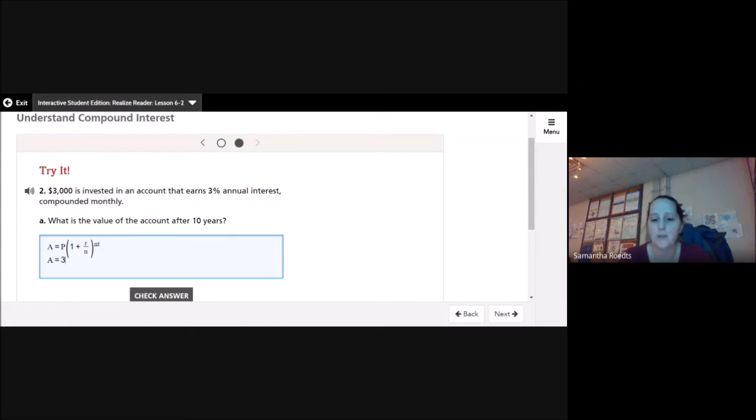So A equals my principal, 3,000, times 1 plus my percentage rate. So 3% as a decimal, so 3 divided by 100, or 0.03, over, it's compounded monthly, so that's 12, raised to the 12 times 10 power.